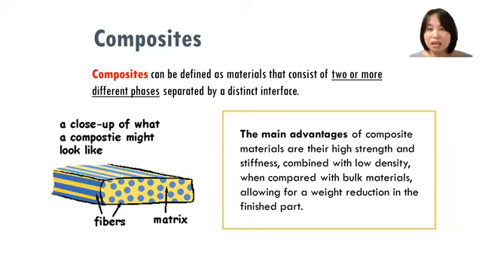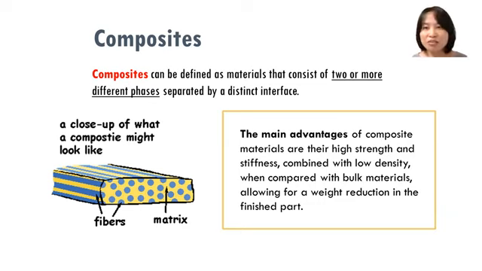But these two phases, fiber and matrix, are different. They are separated by a distinct interface. So we can see which phase is fiber and which phase is matrix. But they stay together, combined.